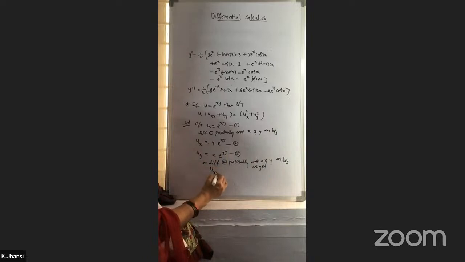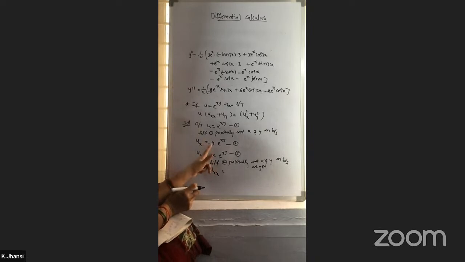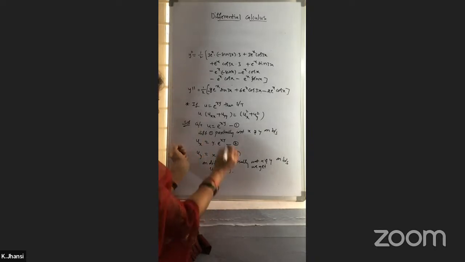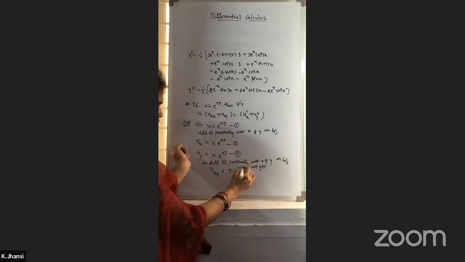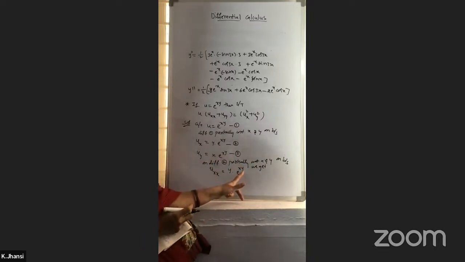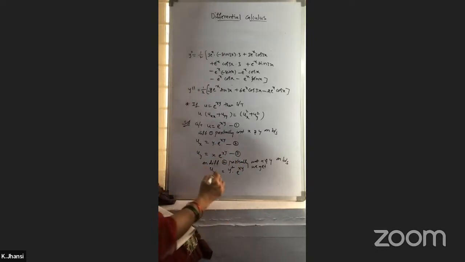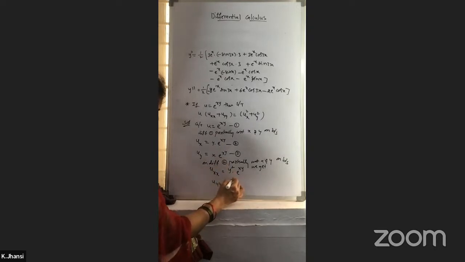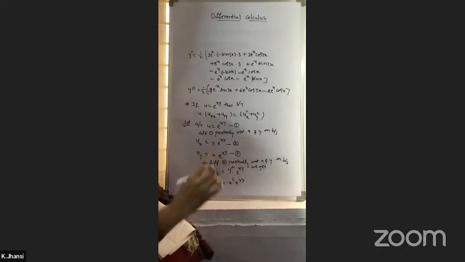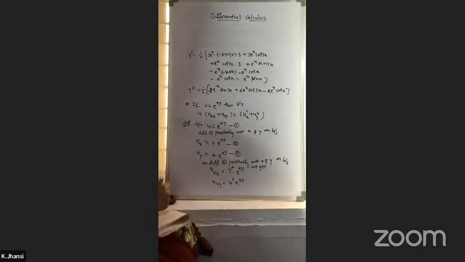So for uxx, you have to do one more differentiation. y you keep like that only, and the differentiation of e power xy is e power xy only. Again you will get one more y, no? This whole thing is x, so you will get here y square. And similarly, uyy you will get as x square into e to the power of xy. Okay. Now we got ux, uy, uxx, uyy.